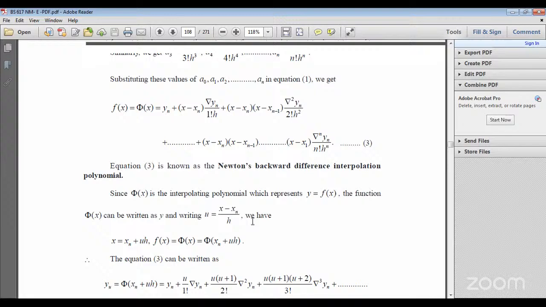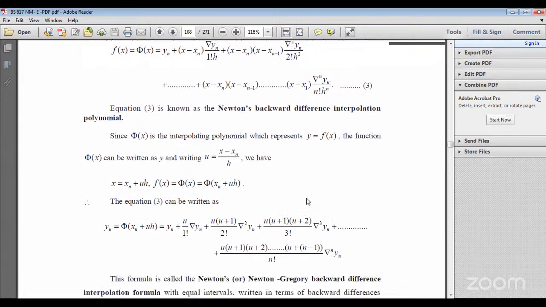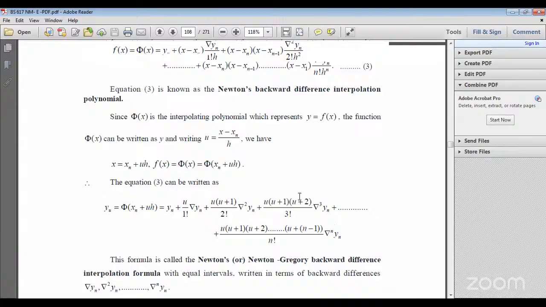Since phi of x is the interpolation polynomial, y = f of x is the function, and phi of x can be written by taking u = (x - x_n) by h. So x = x_n + uh, and f of x is phi of x, phi of x_n + uh.